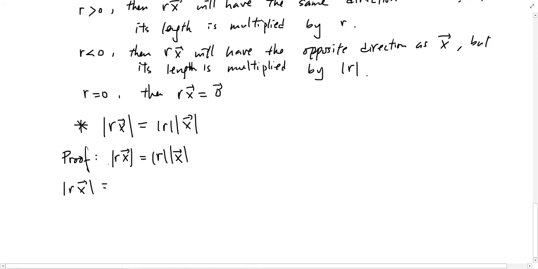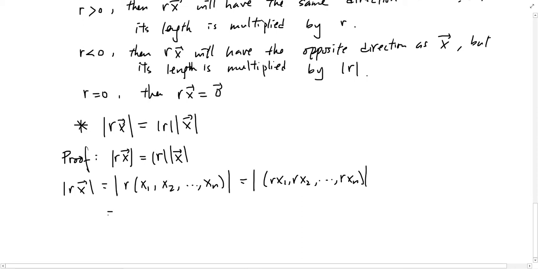So how? Let's start with the following. The length of r times vector x will just be r times x1, x2, dot dot dot to xn. What I'm going to do is just do the scalar multiplication. That means it's the length of the vector rx1, rx2, dot dot dot to rxn.